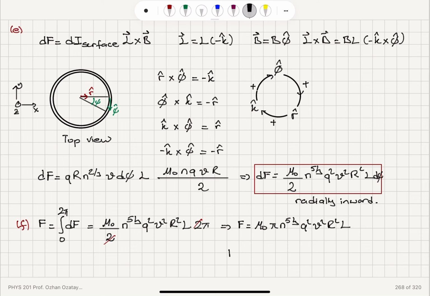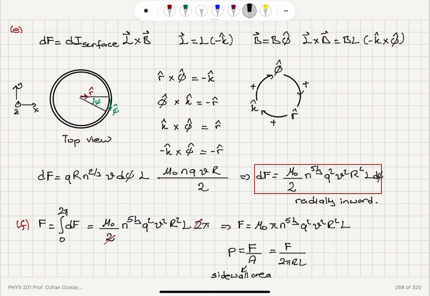L. And what is the pressure? Pressure is force per area. What is this area? It's the sidewall area. The force is radially inward, so the perpendicular area is the sidewall area. So I'm going to divide this force by 2 pi r capital L. The perpendicular area it sees is the surface area of the cylinder.